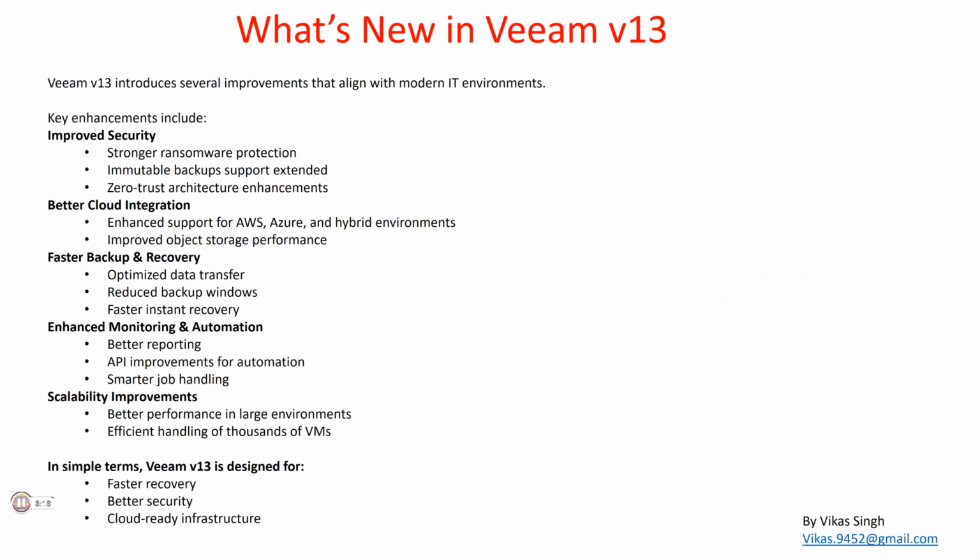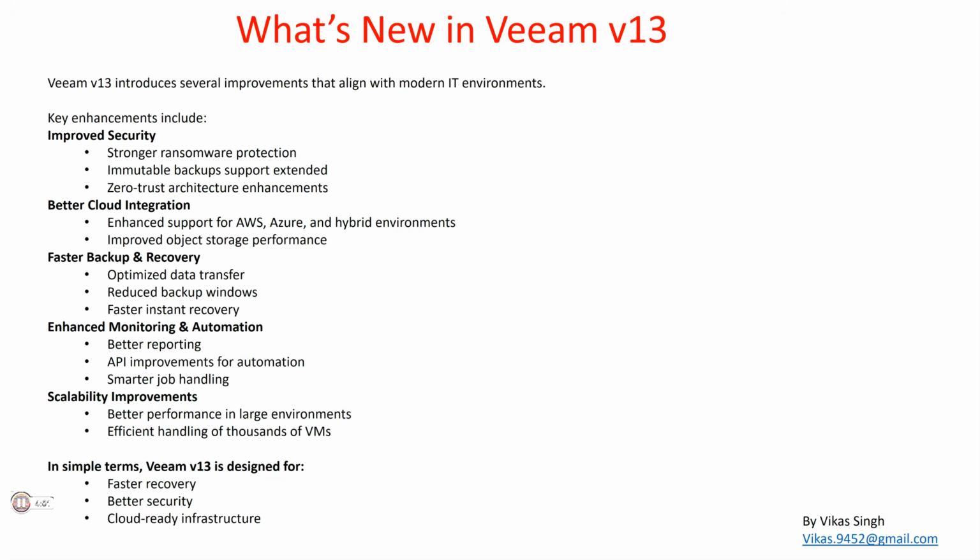Now let's discuss what's new in Veeam version 13. Veeam 13 is designed for modern infrastructure and cloud environments. The key improvements are in security and strong ransomware protection, enhanced immutable backup support, zero trust architecture enhancements, better cloud integration with AWS and Azure, improved performance with faster backups and reduced backup windows, enhanced monitoring and automation, better reporting and API improvements, and improved scalability to handle thousands of virtual machines effectively.